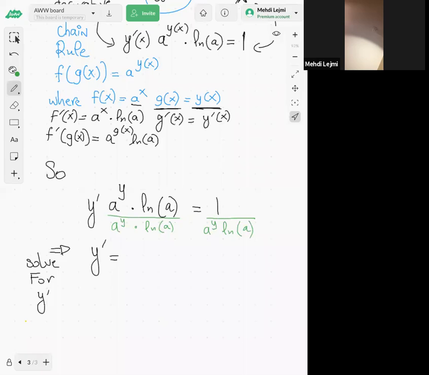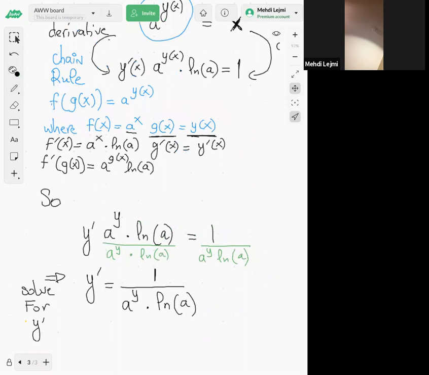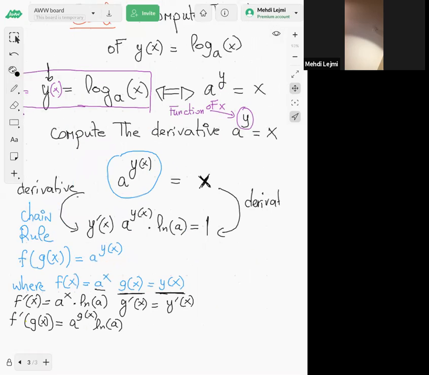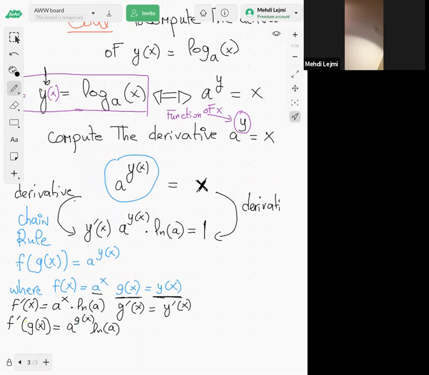So then y prime is equal to 1 over a to the y times natural log of a. But remember the definition here, we said a to the y is equal to x.